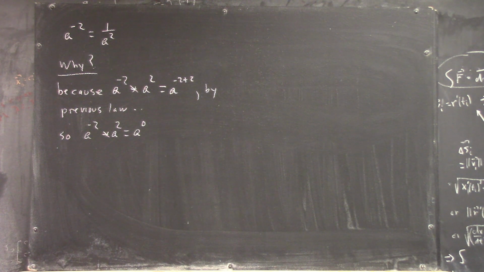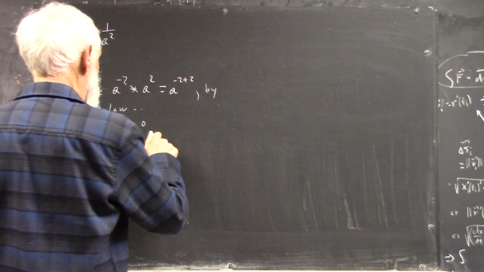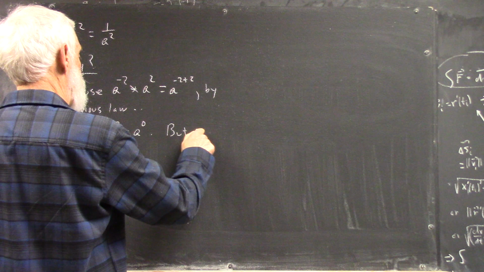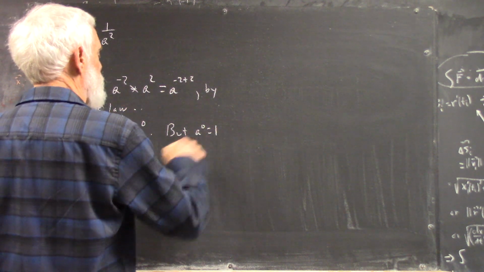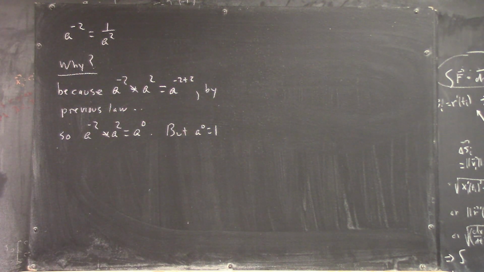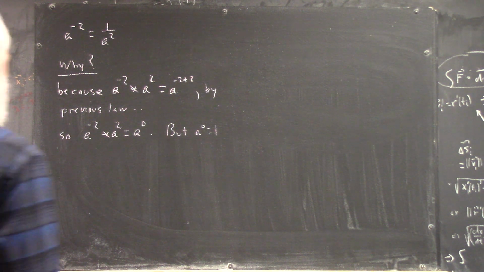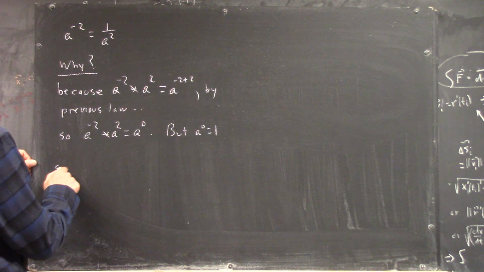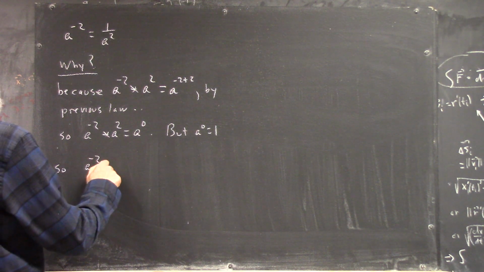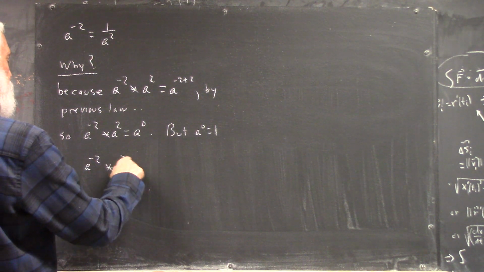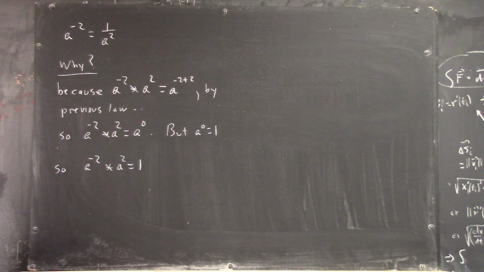Now I'm kind of waving my hands a little bit here, but a to the 0 is 1 because any number to the 0 is supposed to be 1, right? Well, we can divide both sides of the equation by a squared, right?